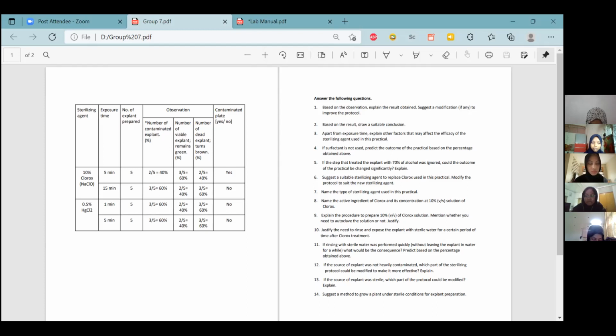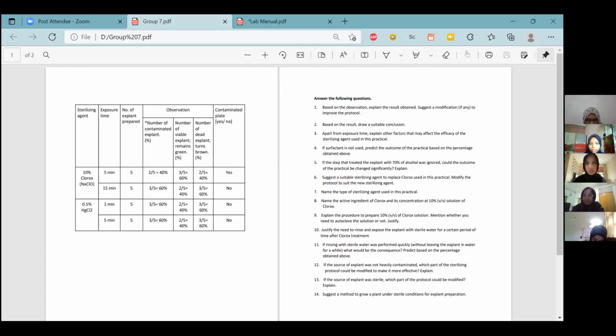That is why if we do not use surfactants in this experiment, it may lead to the growth of microorganisms, and thus the treatment is not effective because the tissue surface is still contaminated with the growth of microorganisms.